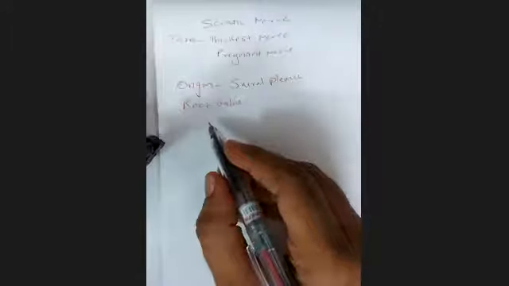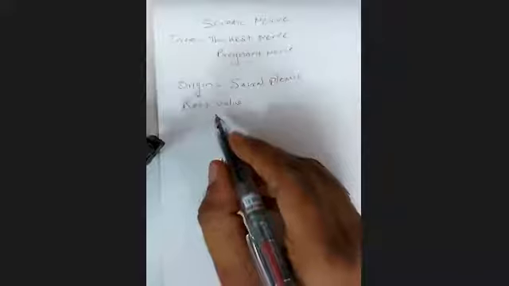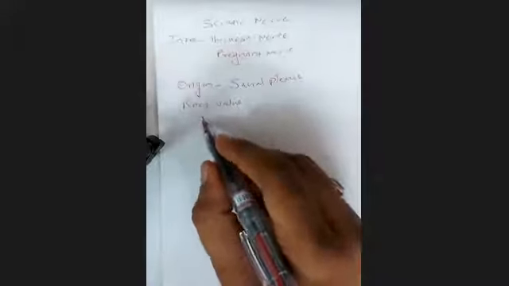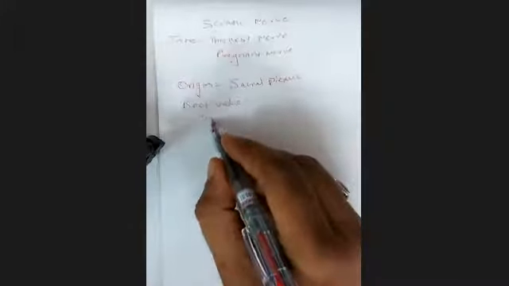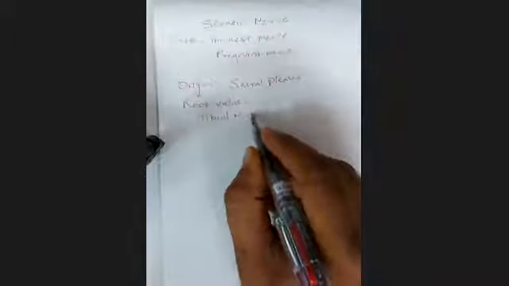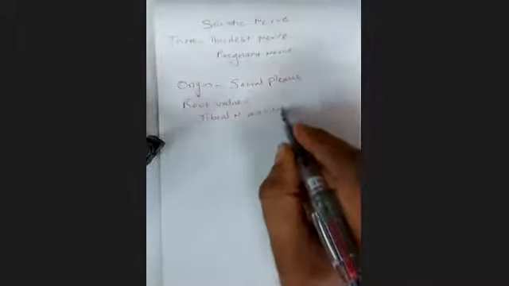Now, sciatic nerve is a nerve which is made up of two components or two nerves which are bound together in a sheath, and that is the tibial nerve and the common peroneal nerve.